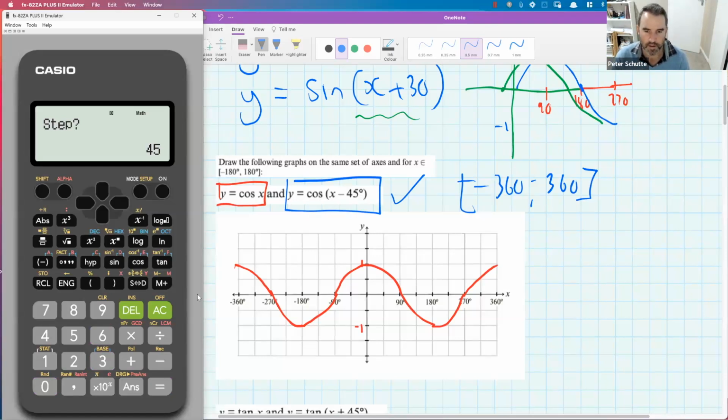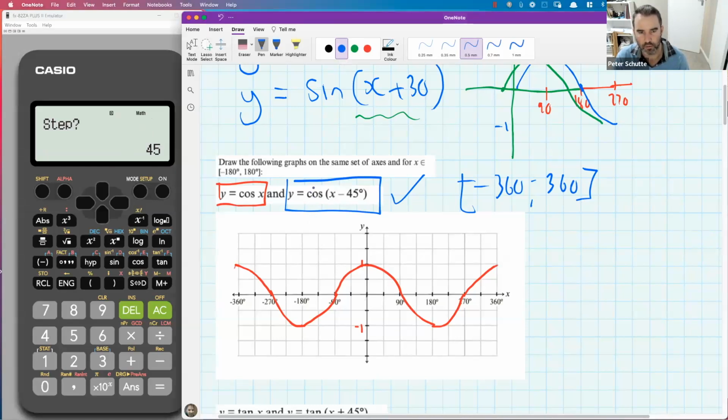What should we make our step size for this? What do you think? I'd love to know what step size you think we should use, to help us draw this graph of y equals cos x minus 45.